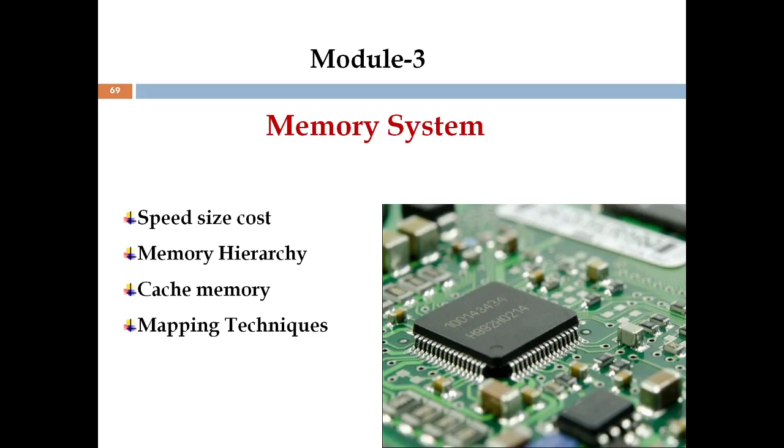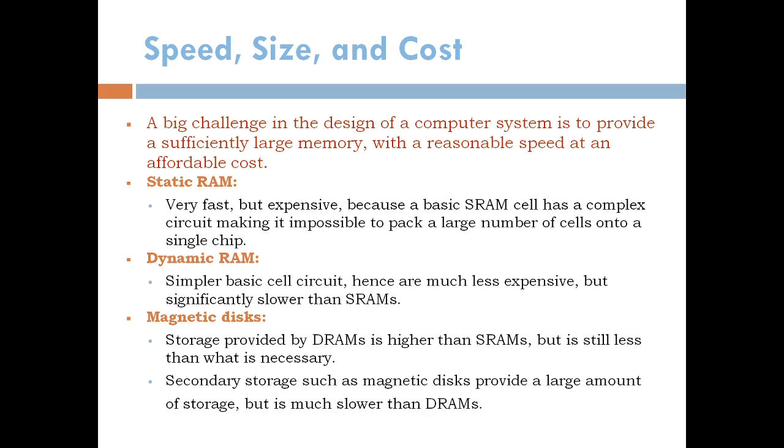Dear students, in this session we will discuss speed, size, and cost with respect to memory hierarchy, what is cache memory, and what are the different types of mapping function techniques. From a computer user point of view, an ideal memory would be fast, large, and inexpensive.